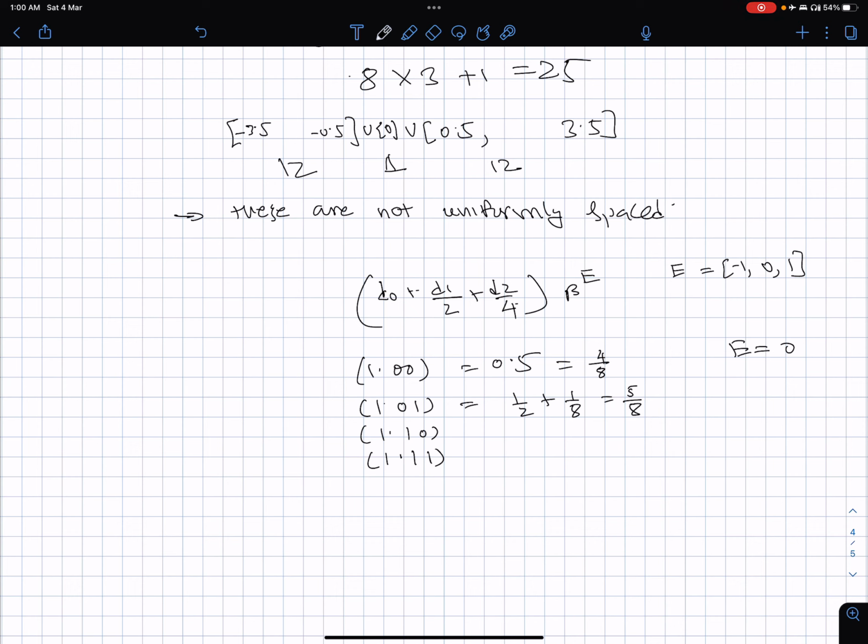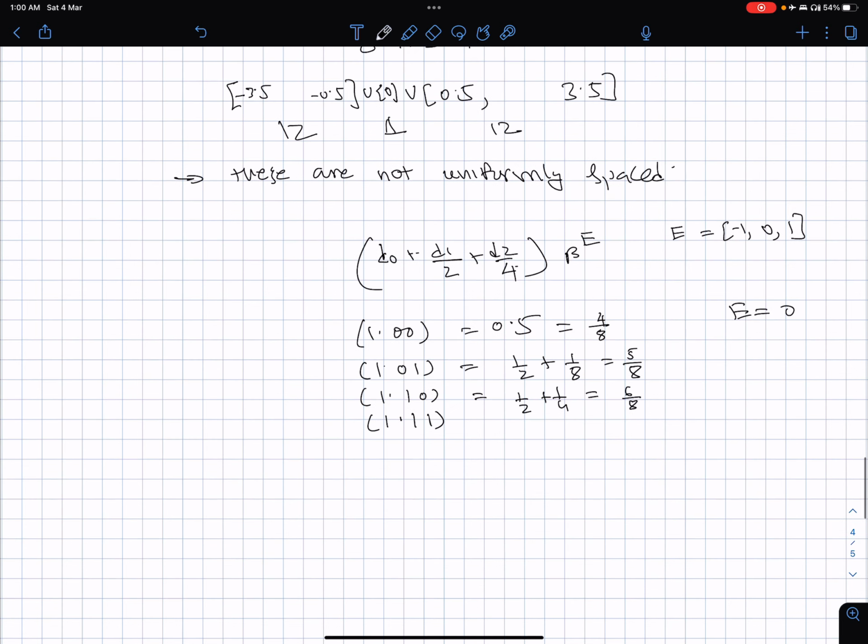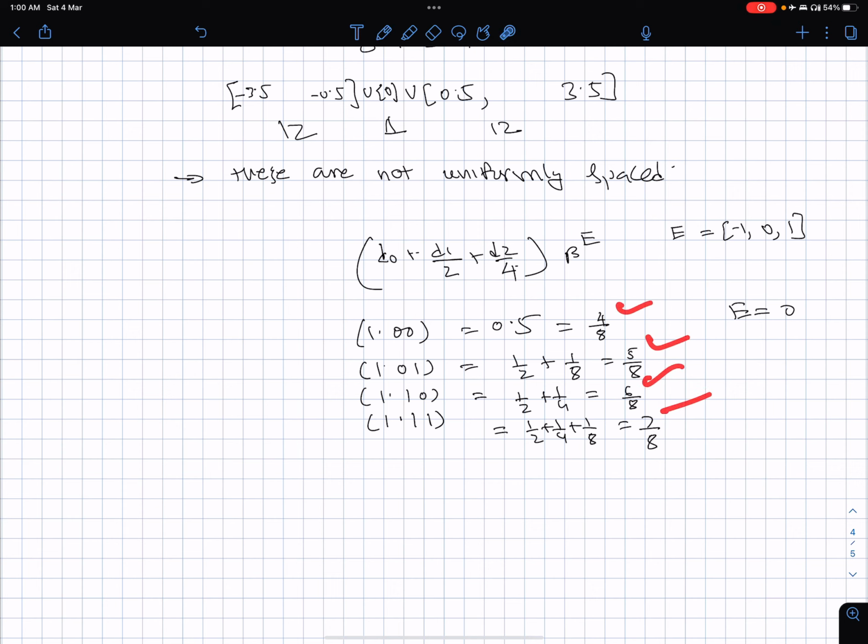Then the next number becomes 5/8. Then 1/2 plus 1/4, so if you take 4, this is 6/8. And now it's easy for you to guess what this is going to be: 4 plus 2, 6 plus 1, 7/8. So 4, 5, 6, 7 uniformly distributed with a distance of 1/8.